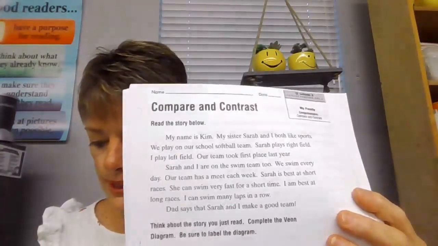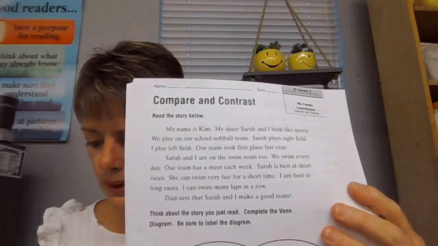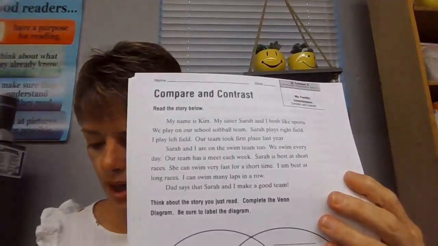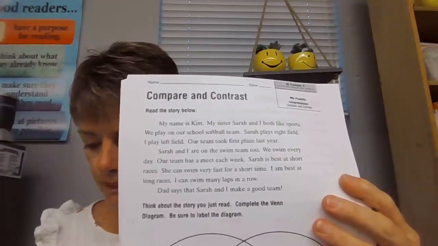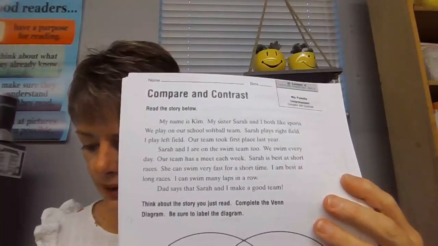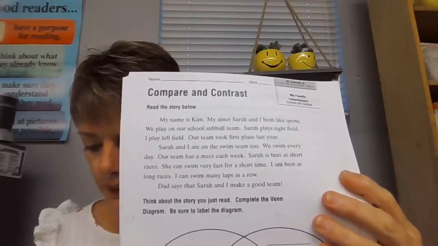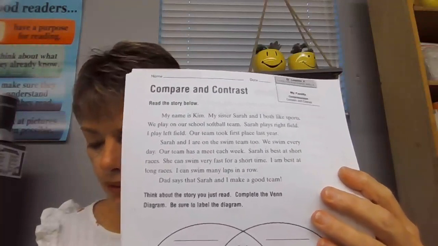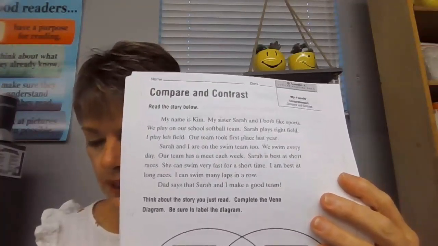My sister Sarah and I both like sports. We play on our school softball team. Sarah plays right field. I play left field. Our team took first place last year.